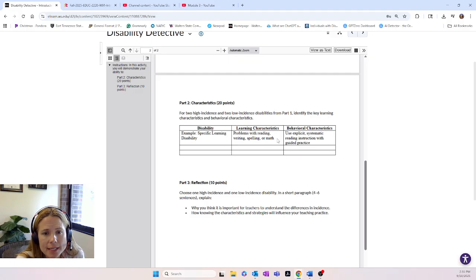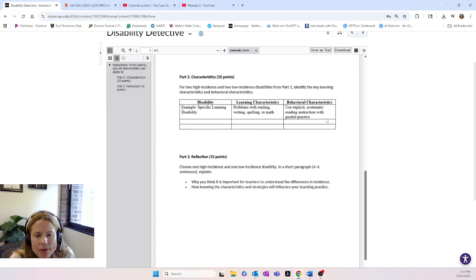So you could see specific learning disability in there, and it's going to talk all about that. So we'll define it, and you have the characteristics, which you're going to list. When we say characteristics, I want you to list both the learning characteristics as well as the behavioral. And I gave you an example to show you. But remember, you have a total of 4 to complete in this table. You're going to do 2 high and 2 low.